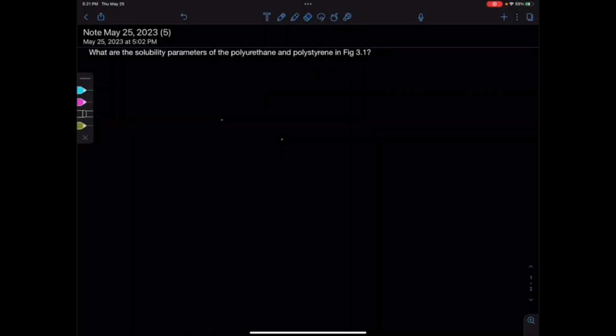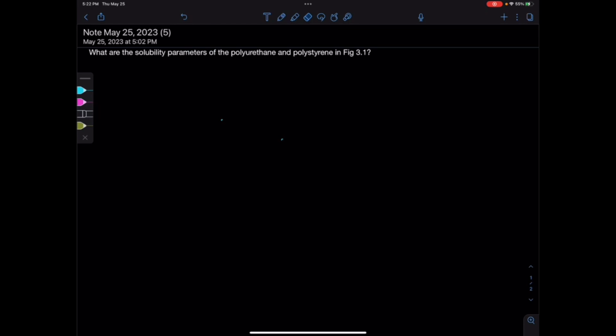What are the solubility parameters of the polyurethane and polystyrene in figure 3.1? Figure 3.1 is a plot of the swelling coefficient of the polymer on the y-axis and the solubility parameters of various solvents on the x-axis.